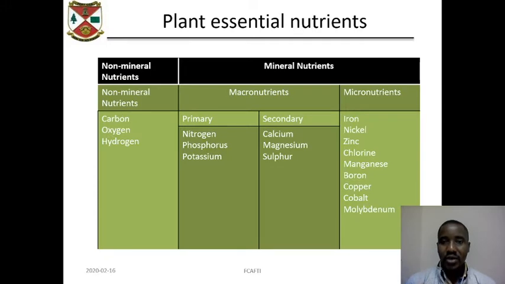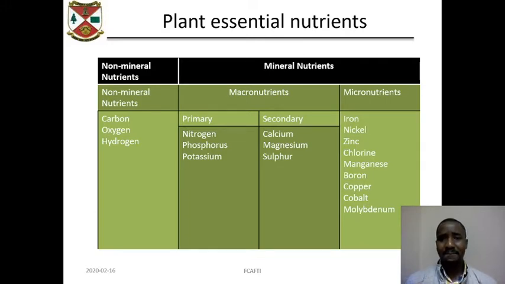So, if we look at the mineral nutrients, they are divided into two. We have macro and micro nutrients. Macro means large. Micro means small, less, little.